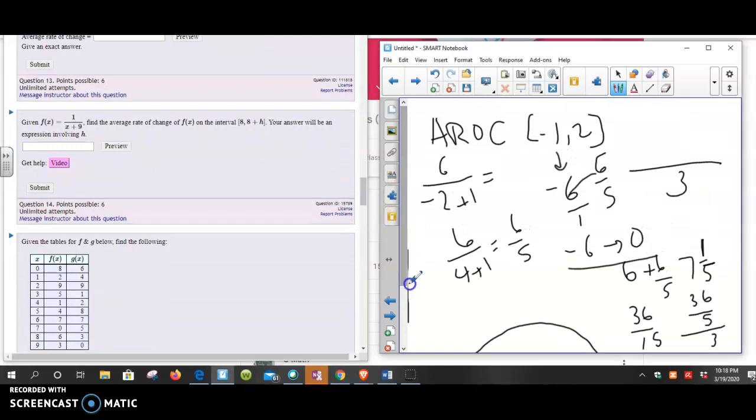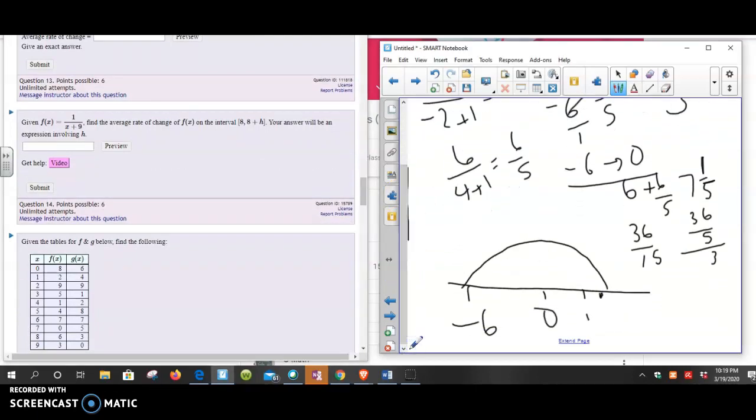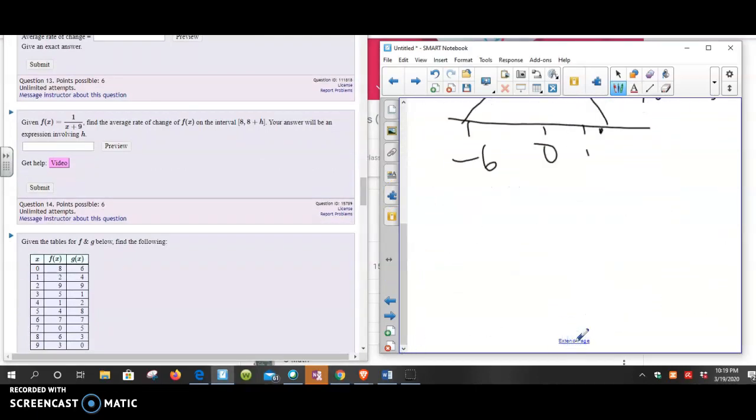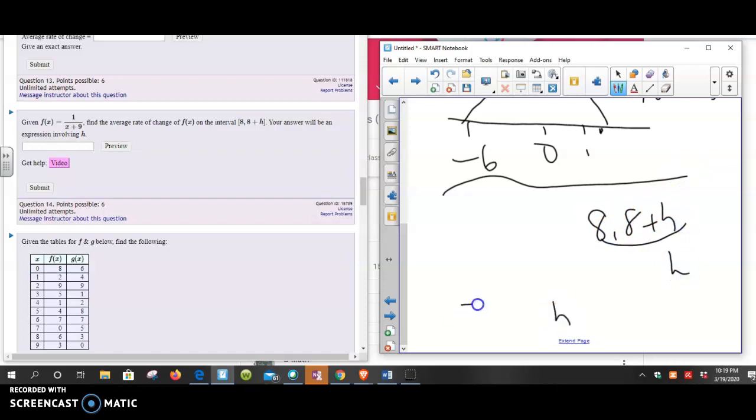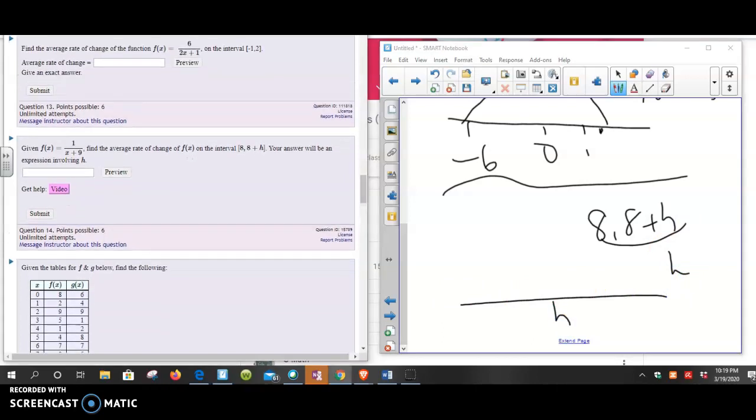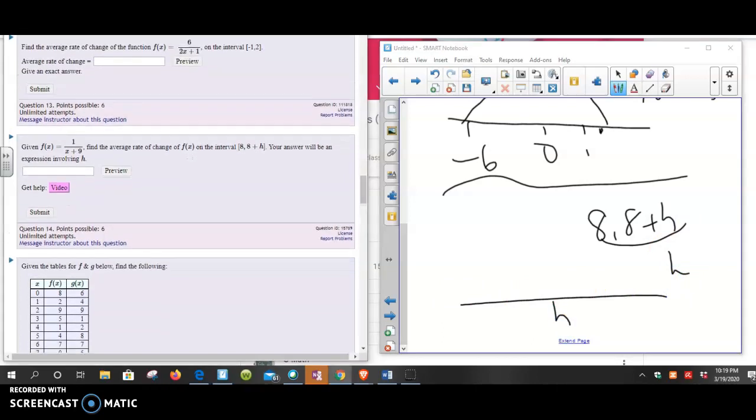Next one there has another h in it, but we can handle it. It goes from an interval of 8 to 8 plus h, so therefore the change from 8 to 8 plus h is obviously h, so we're dividing by h in the denominator. So the numerator is where we need to do our work, and there's a function right there, 1 over x plus 9. Okay, so we have 1 over x plus 9, we have to put in 8. So we put in 8, we're going to get 1 over 17.